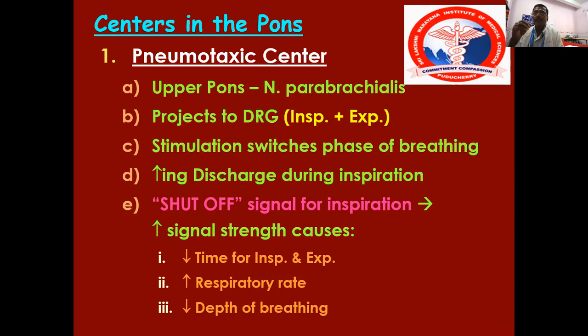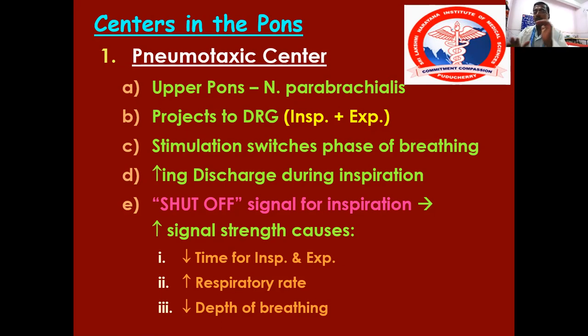Normally, it will be inhibitory in nature. Therefore, it will switch on when the breathing is beyond the limit, increasing the discharge during the inspiration. Finally, it will switch off the signal for inspiration. When the signal strength is increased, that causes decreased time for inspiration and expiration, an increased rate of respiration and decreased depth of breathing.